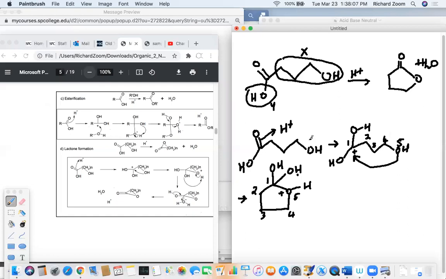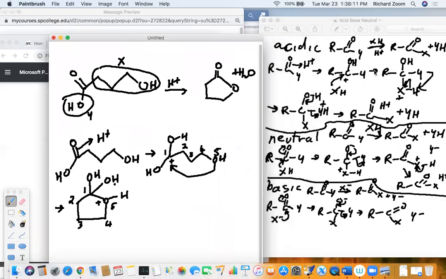So the next step, according to the pattern, we're looking at the acidic reaction here, is a proton transfer. The proton gets transferred to the leaving group, which is going to be the group originally attached, the Y group, if you will. In this case, it really doesn't matter which you choose because they are the same, I suppose.